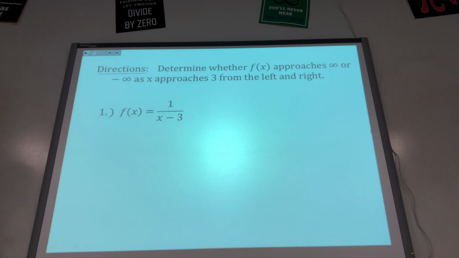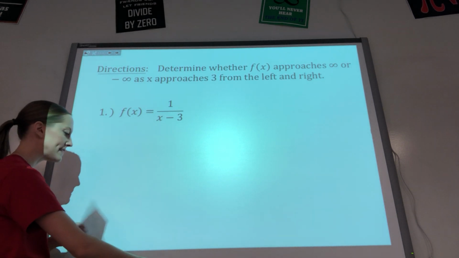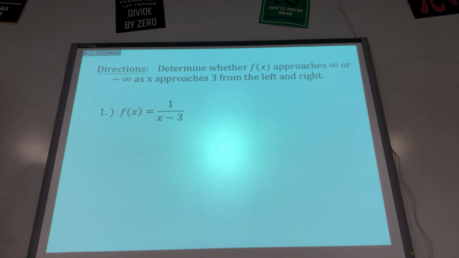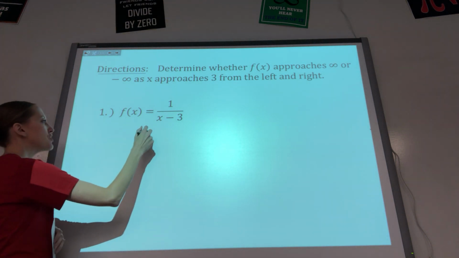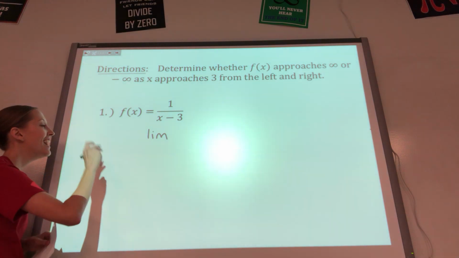So here's example 1. Because we're going to have 2 answers, we need to make sure and label them. This is our function, f of x equals the fraction 1 over x minus 3. Before I even graph this, I'm going to label this for a second.